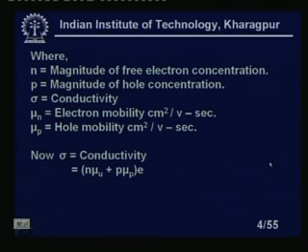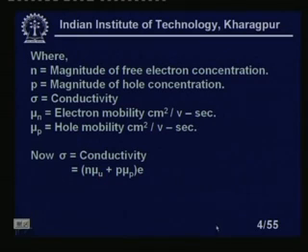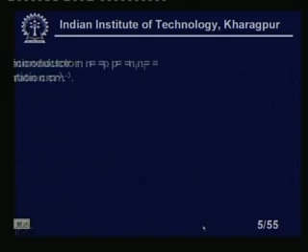Now, the conductivity sigma will be given by (n mu n plus p mu p) multiplied by e, where e is the electronic charge, and E is the electric field.